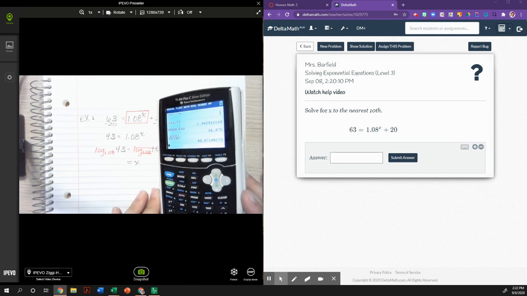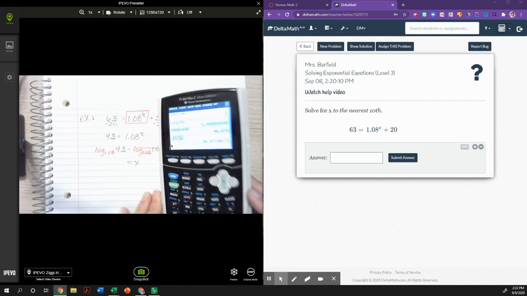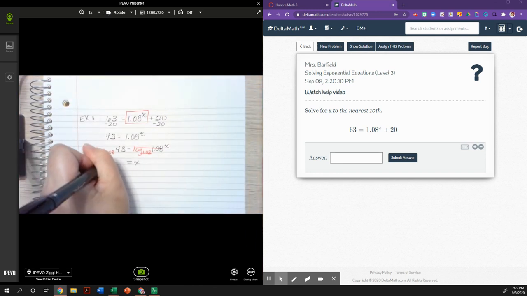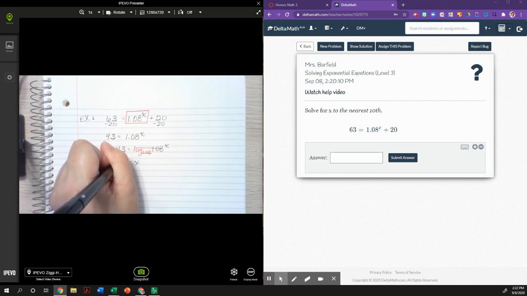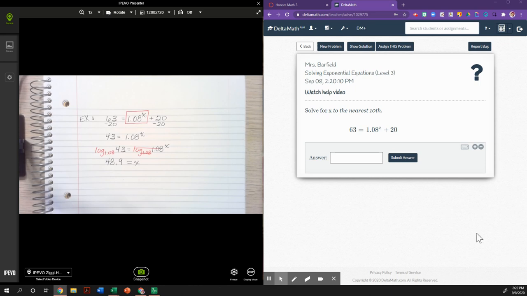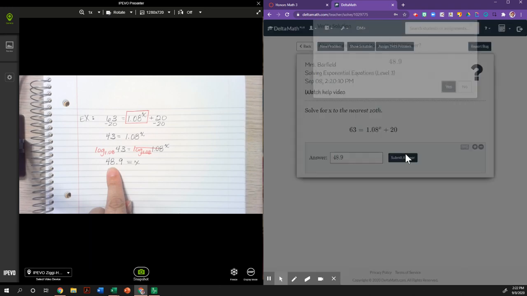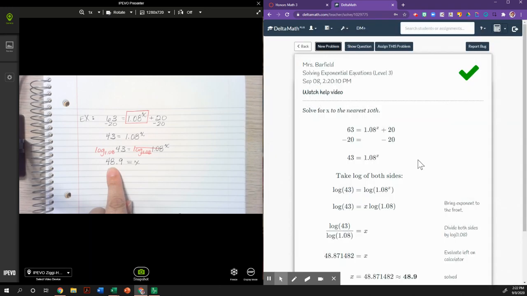I get 48.87. I'm rounding to the tenth, so 48.9. I go over here and type in 48.9. There we go.